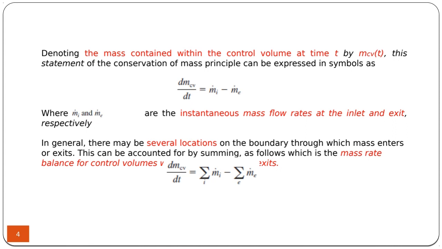If we write it mathematically, the net change in the mass inside the control volume is equal to incoming mass flow per unit time minus exiting mass flow per unit time.